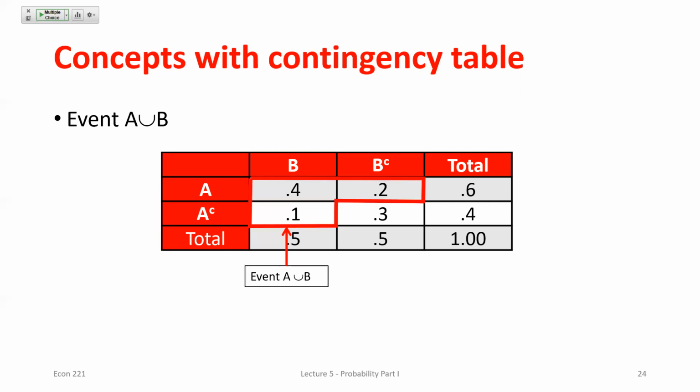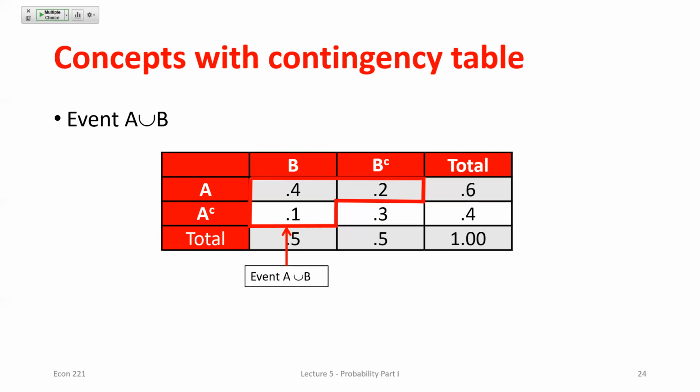Notice, what's the probability of A and B complement? 0.2. Probability of A and B, 0.4. Probability of B and A complement, 0.1. Plugging in those values, and sure enough, we get the exact same answer.